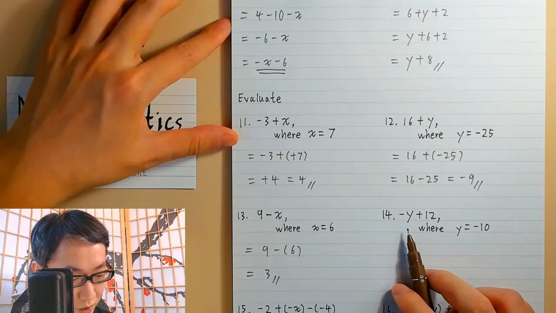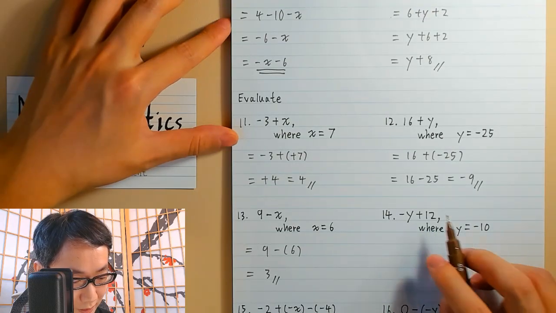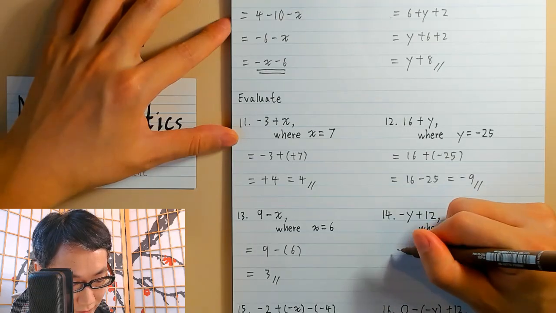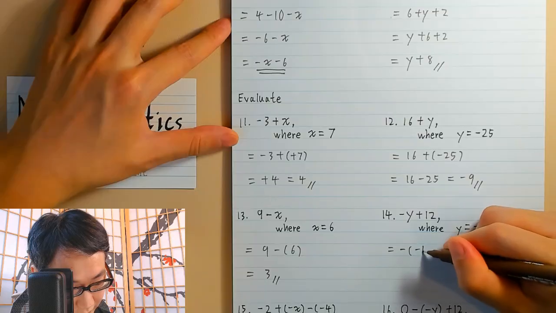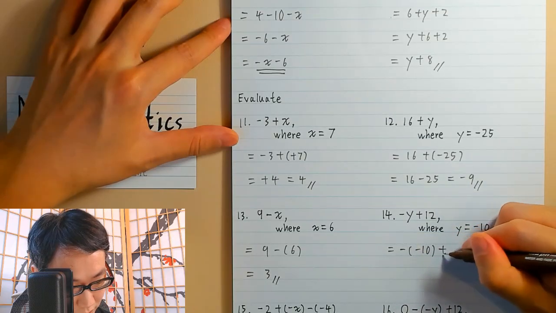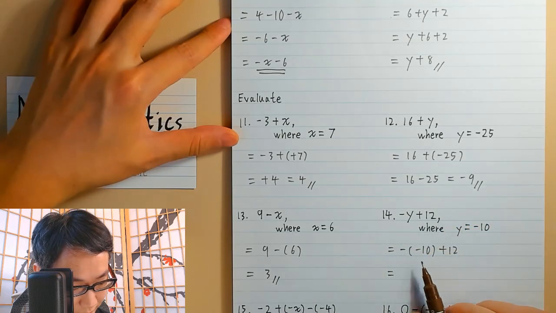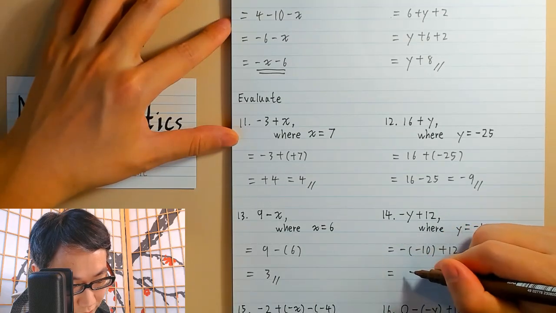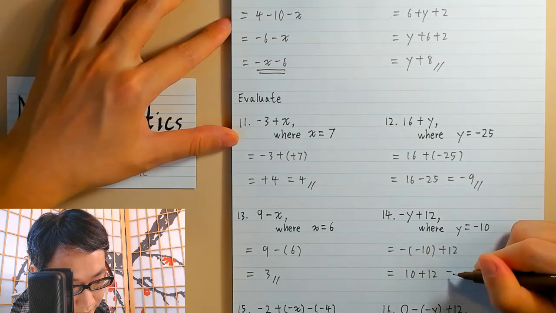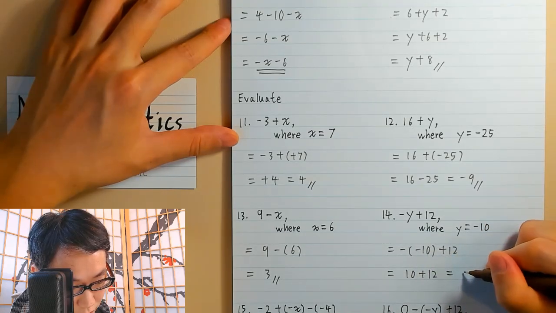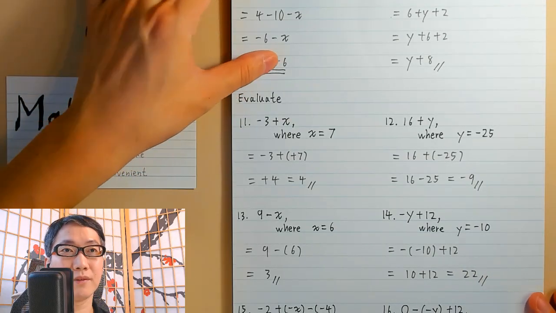And this is minus y, positive 12. So this is, and a substitute is simplified enough. So I have minus negative 10, positive 12. Then I have, so this is the reverse of, so positive 10, positive 12, and then 22, positive. Okay.